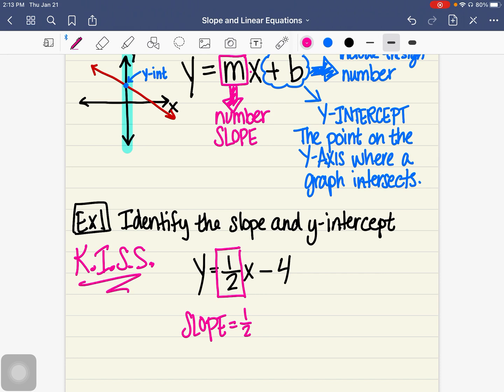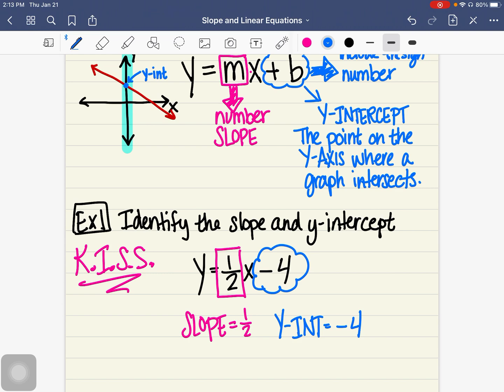Don't make this harder than it needs to be. It's 1/2, and that's it. And then if I want to know what the y-intercept is, well, that's the number by itself. Notice I also included the minus sign, so this is going to be a -4. And that's it. If I know those two bits of information, I can graph a line.